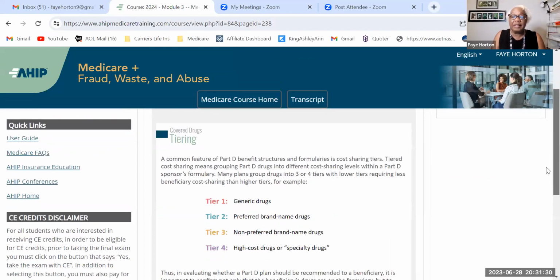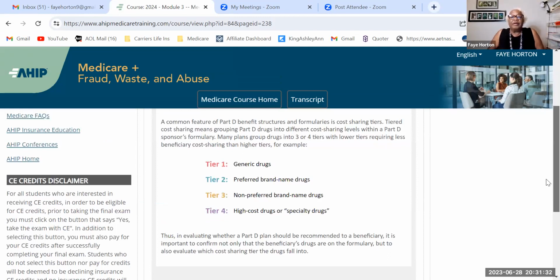Tiering. What is tiering? The common feature of the Part D benefit structures and formulary is cost-sharing tiers. Tiered cost-sharing means grouping Part D drugs into differing cost-sharing levels within the plan sponsor's formulary.